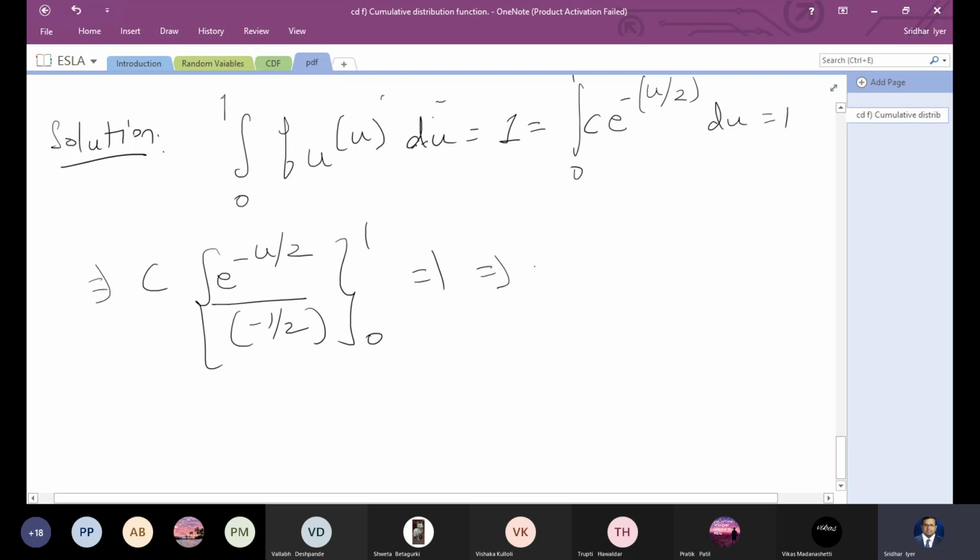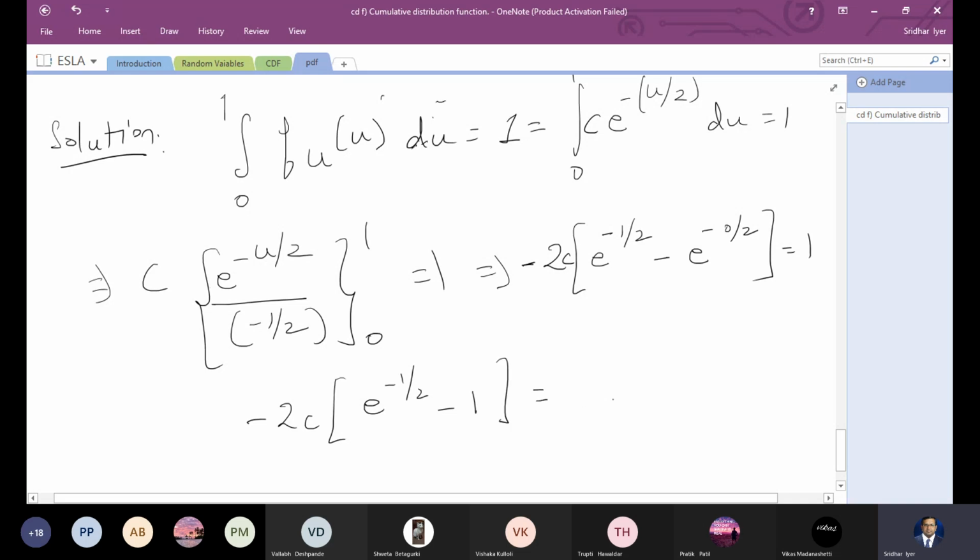That implies, now I'll take the denominator to the numerator, so I'll write minus 1 by 2 as minus 2, so you'll have minus 2c, and then I'll plug in the limits. So the first value will be e raised to minus 1 by 2 minus e raised to minus 0 by 2, and this value should be equal to 1. So you'll have negative 2c into e raised to minus half minus 1 equal to 1.